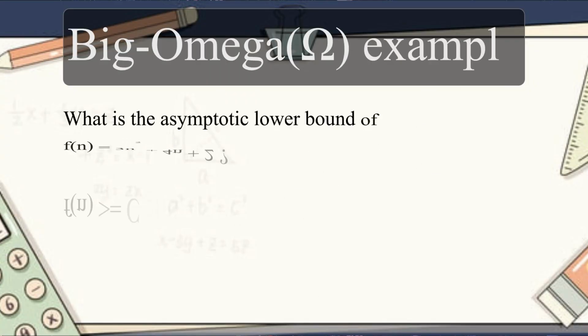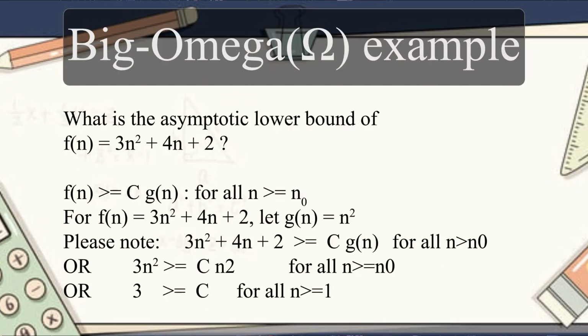Now, for the same function, what is going to be the big omega definition if the function Fn equals 3n square plus 4n plus 2? Since we are saying Fn is greater than or equal to Cgn, we can simply ignore the terms like 4n plus 2. We do not need to use 4n plus 2 for evaluation. So we can simply say that the value of C should be less than or equal to 3.